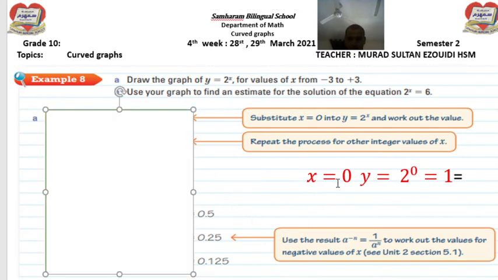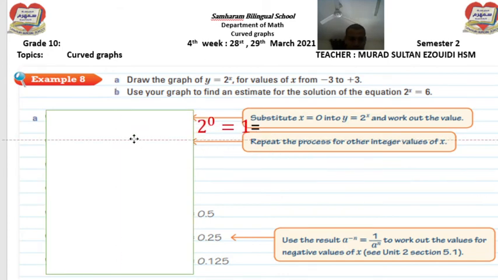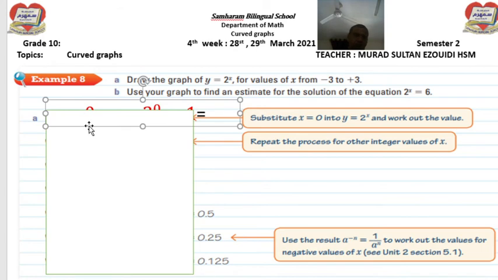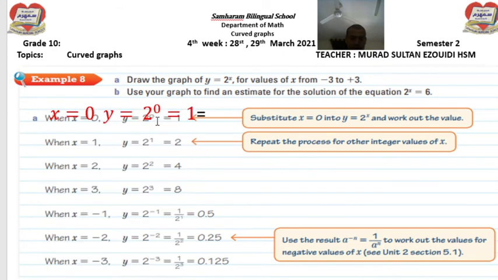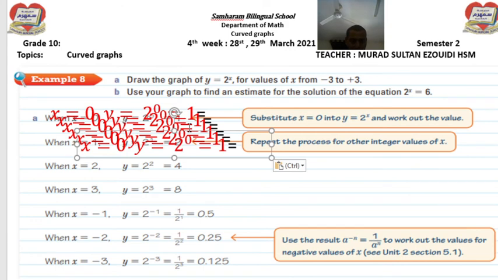When x equals 0, y equals 1. I will erase this and then continue.